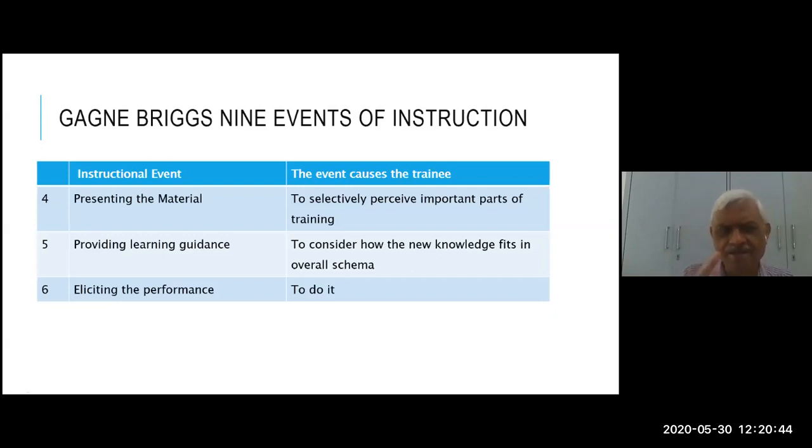At this stage, it is immediately when you have shared a new knowledge or new concept that you are providing guidance, not just to see how they will be using it, but also in their whole scheme of things, as they look at the subject or the issue, how does it fit in the overall schema, essentially the framework of knowledge that they have in their own mind. Okay.